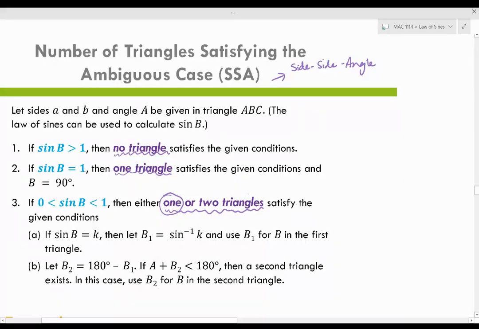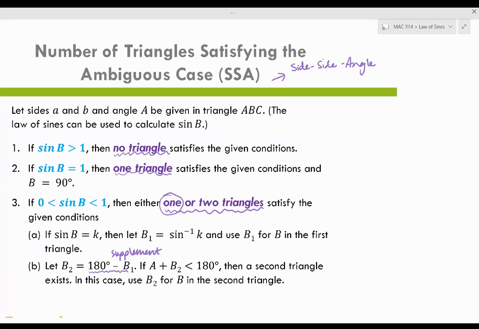And the way that you'll decide if you have two is, you're going to take the inverse sine of that value to find that first angle value. And then once you do, you're going to find the supplement of it. In order to find the supplement, remember supplementary angles sum to 180. Then you're going to see if that supplement can be added to the original angle you had.